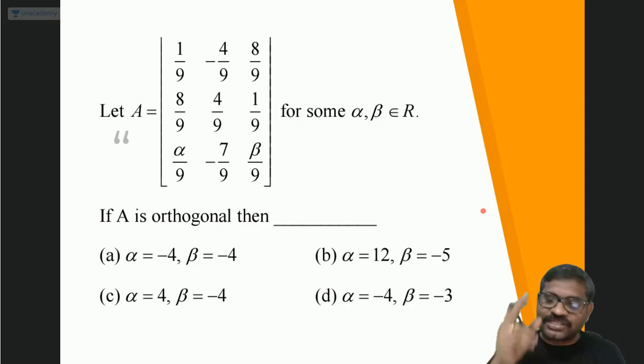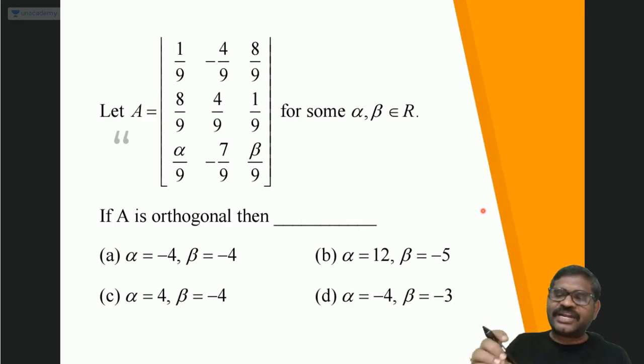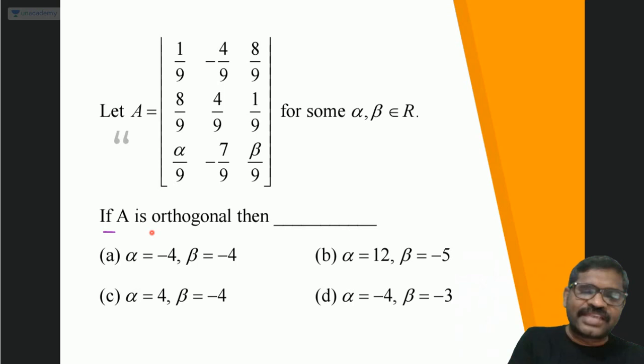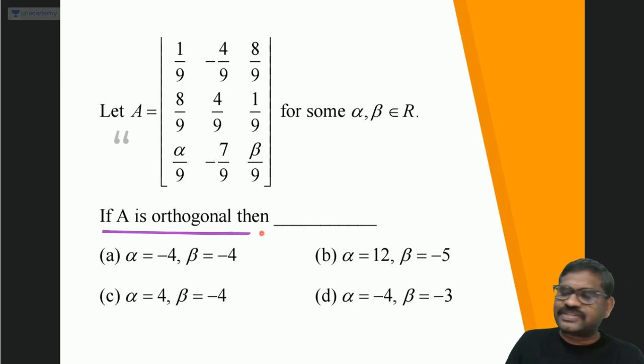Sir, what is orthonormal? What is orthogonal? Yesterday I explained to you. Okay. Now, based on that hint, you try this problem. Given that the matrix is an orthogonal matrix, what are the values of alpha and beta? I am reducing the time, I am giving only 90 seconds.